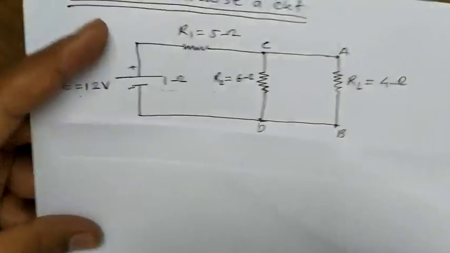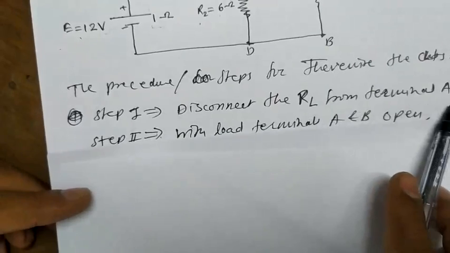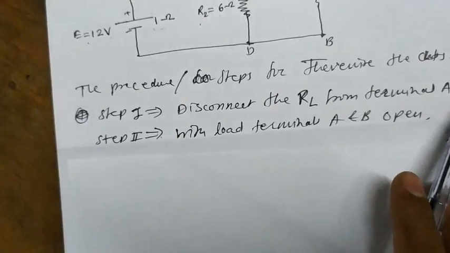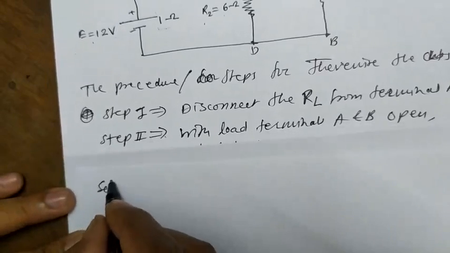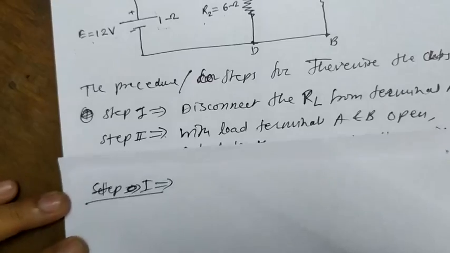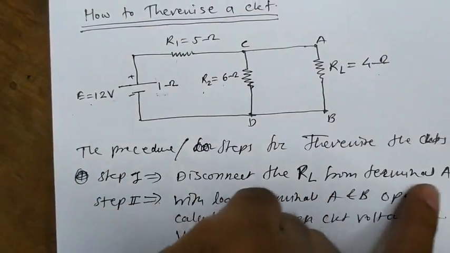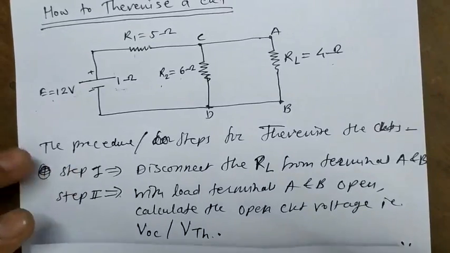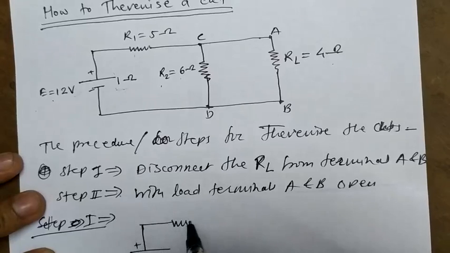For this, our first step is to disconnect the load resistance RL from terminals A and B. We have to disconnect the load resistance. Step 1: disconnect the RL from terminals A and B. Now we draw the circuit by disconnecting the load resistance like this.